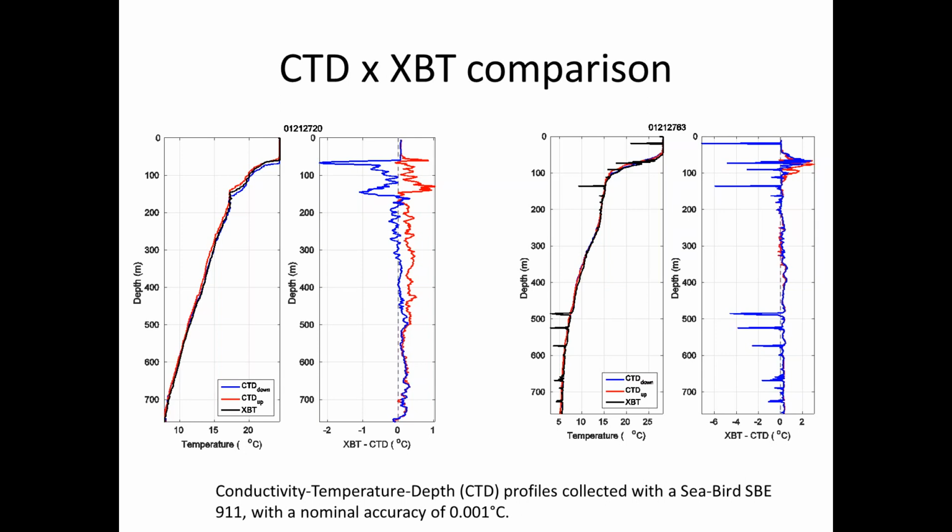So we decided to use the downcast of the CTD, because that is where the sensor is located on the bottom. And we eliminate all the XBT profiles that are dubious. This is a classic leakage, right?